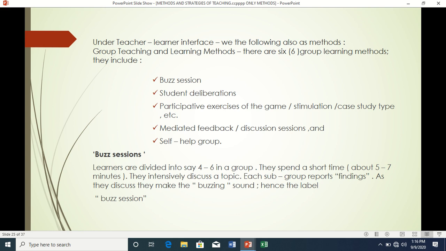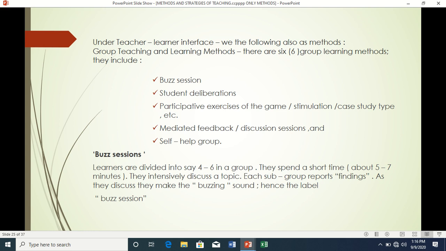We have participative exercises of a game, for example, simulation, case study time. We have mediated feedback or discussion sessions and self-help group. These are all interesting methods that a teacher can use in the classroom situation.